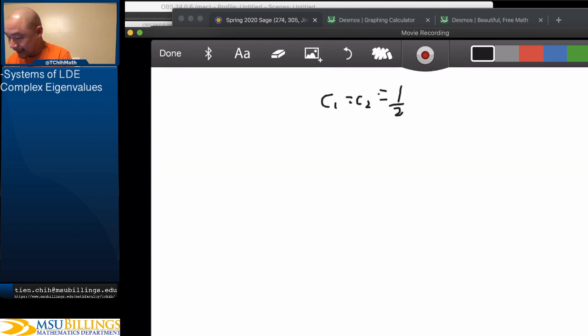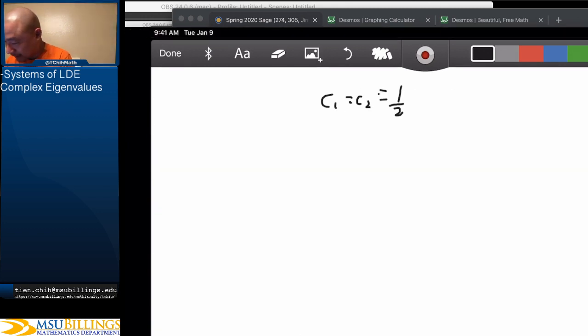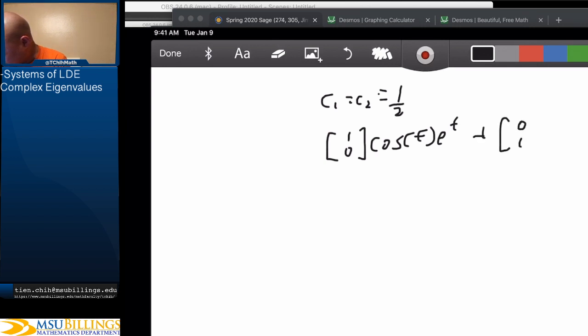So I get then as a solution, 1, 0 cosine of t e to the t plus 0, 1 sine of t e to the t.